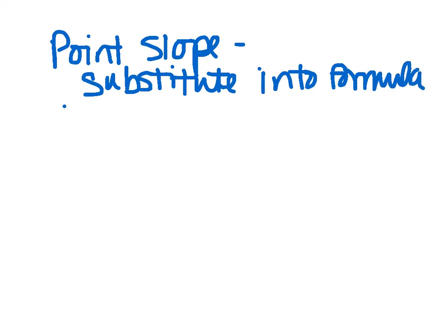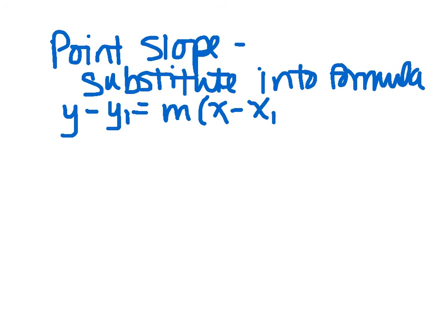And the formula is y minus the y you're given is equal to the slope times x minus the x you're given. Okay?